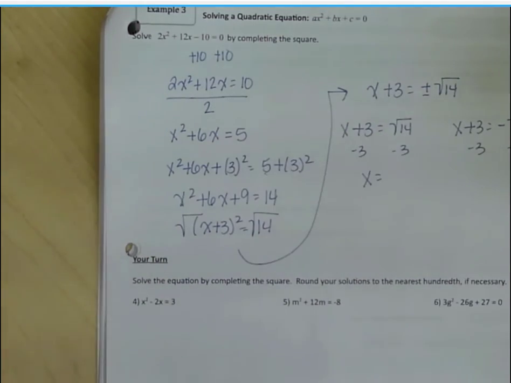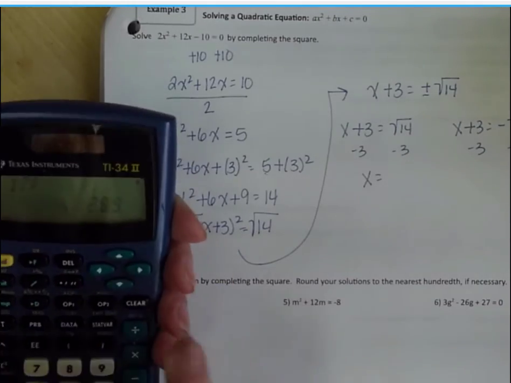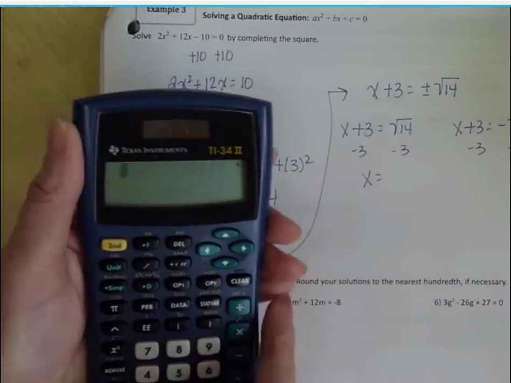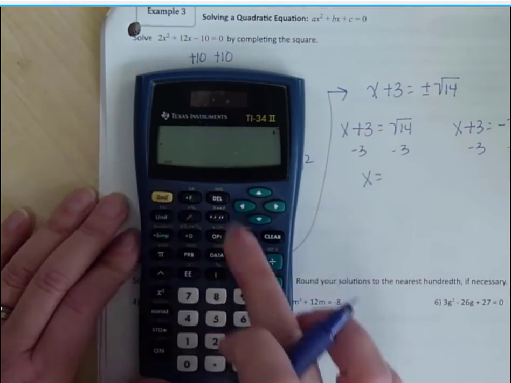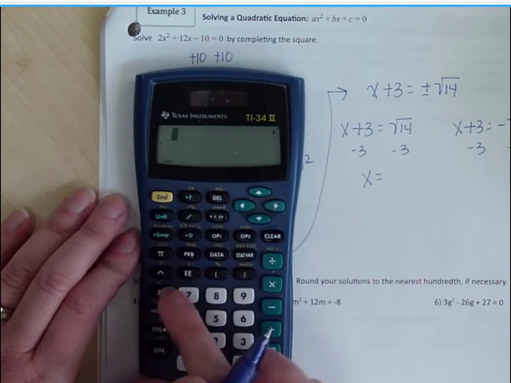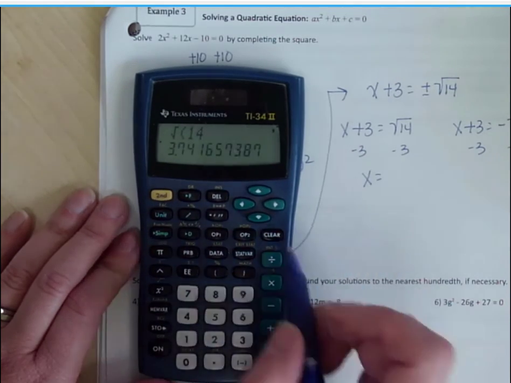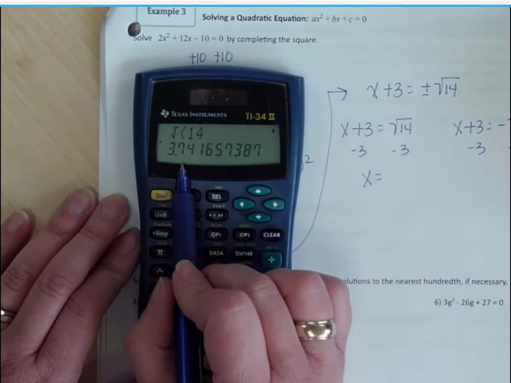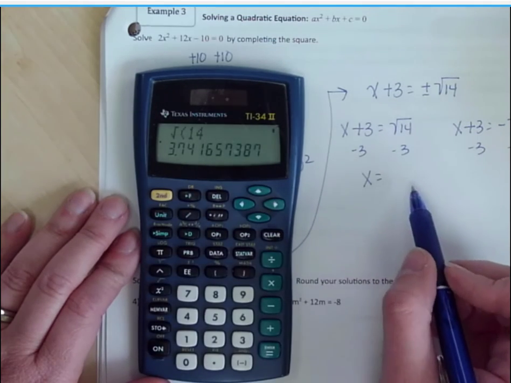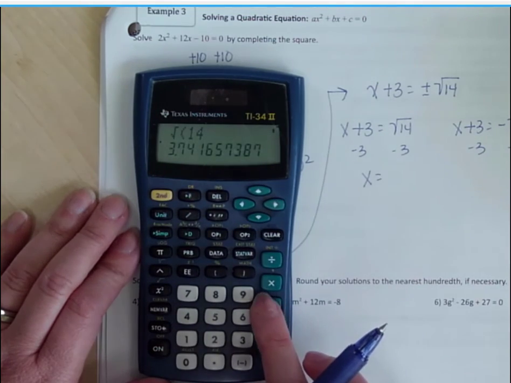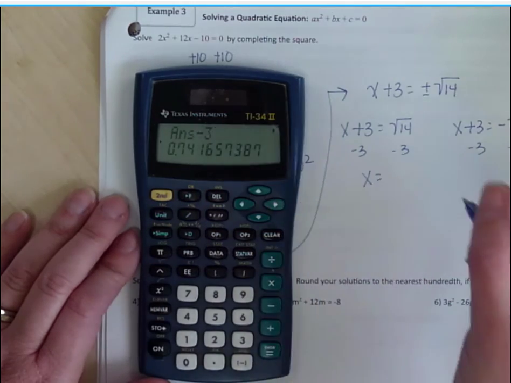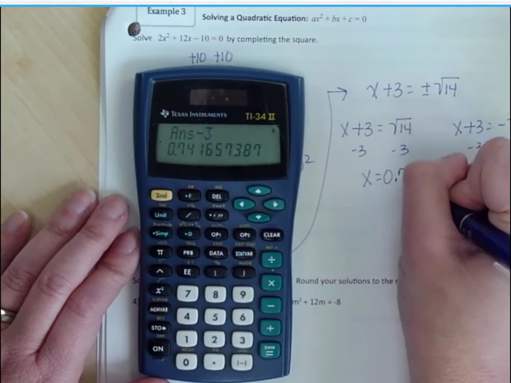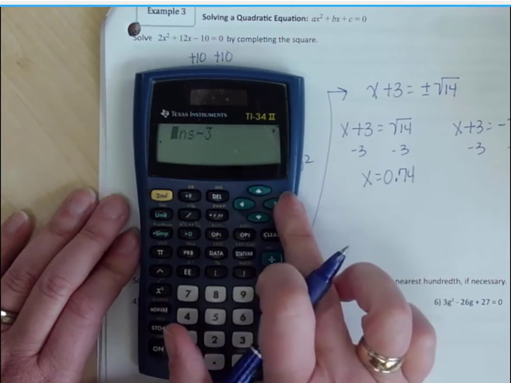So x equals, let me get out my calculator here, find out what the square root of 14 is. With this calculator, I have to hit the square root button first. 3.7, let's see, minus 3 gives me approximately 0.74.